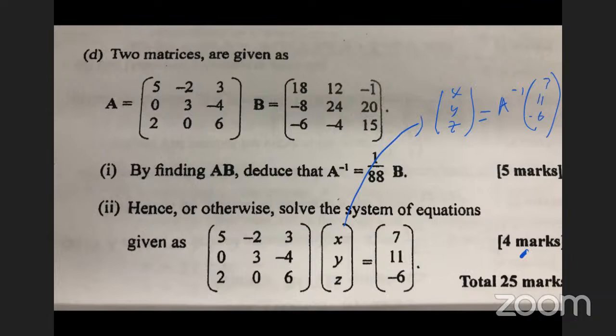To multiply A by B, it's supposed to get what? 88, 0, 0, 0, 88, 0, 0, 0, 88. Hold on.